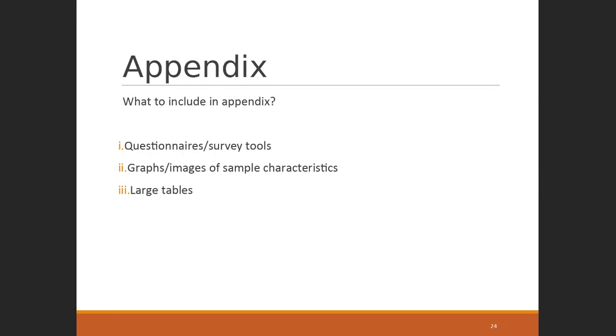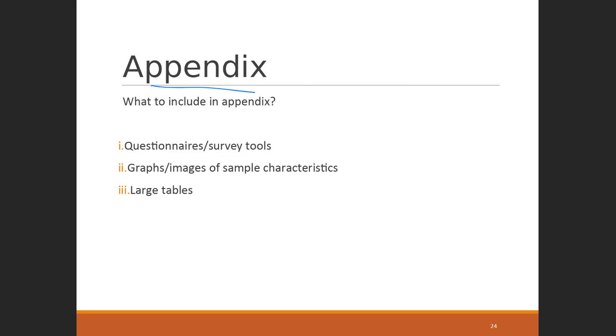Lastly, the appendix. It contains supplementary material that is not an essential part of the research report itself, but it may be helpful in providing a more comprehensive understanding of the research problem, or the information is too cumbersome or too lengthy to be included in the body of the research report. Then we can include it in our appendix.